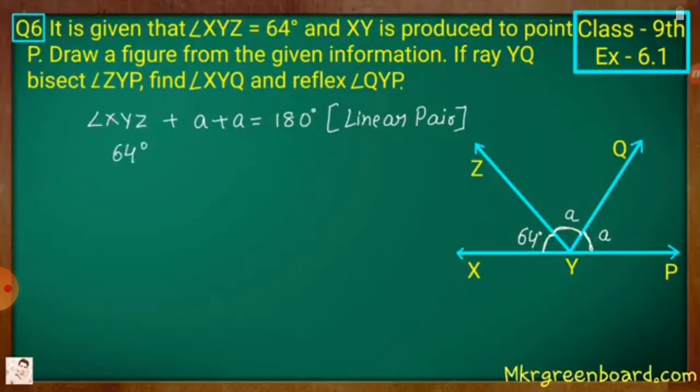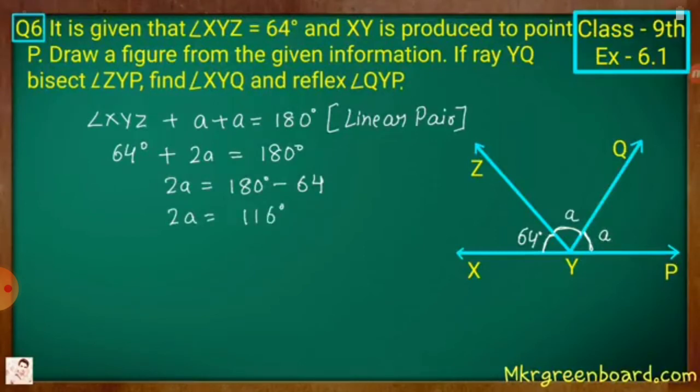XYZ 64 degrees is given in the question, plus 2A equals 180. 2A equals 180 minus 64, which is 116 degrees. Therefore A equals 116 divided by 2, which is 58 degrees.